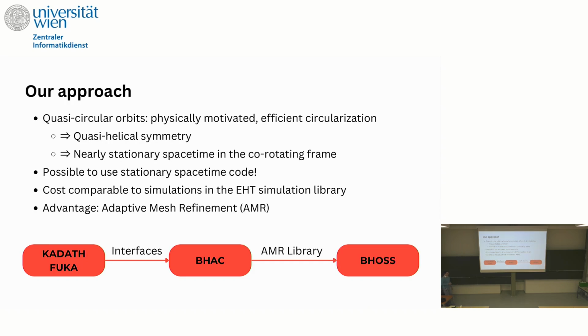This is very nice because in this way it becomes possible to use a stationary spacetime code similar to the codes that we use for the EHT collaboration. It is also nice because, avoiding the problem of evolving the spacetime, we can now use simulations that have a cost comparable to those in the library of the EHT.